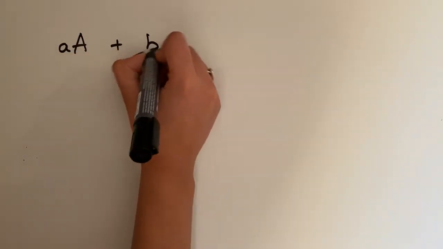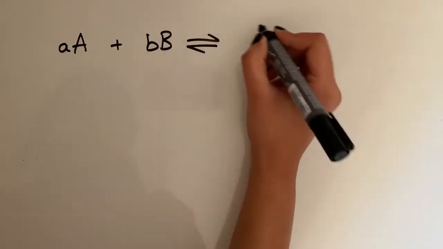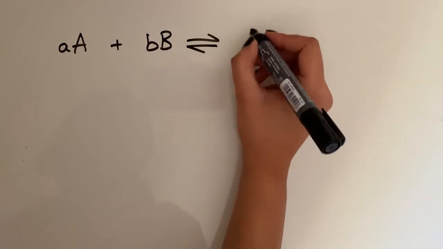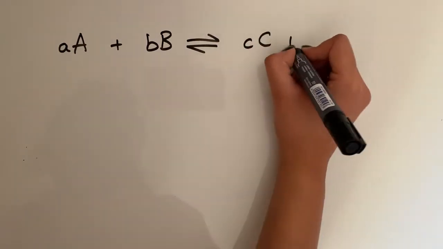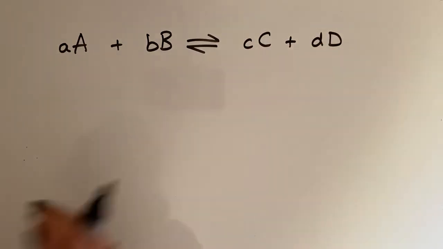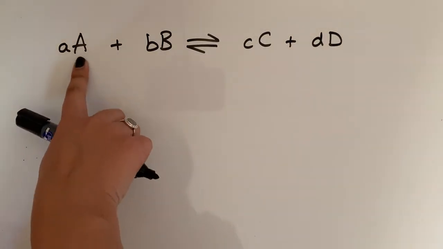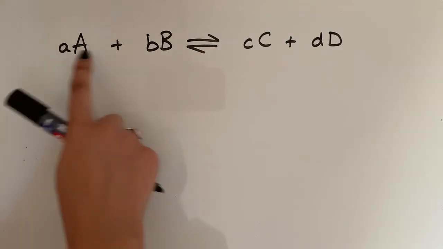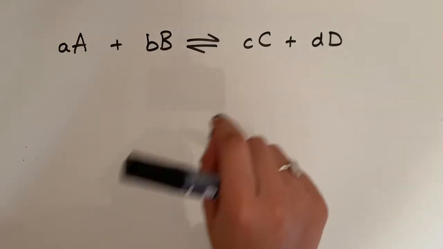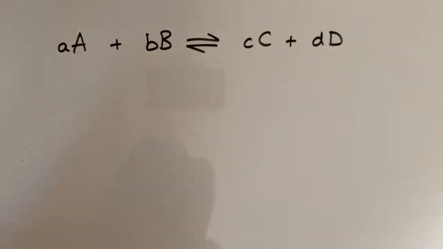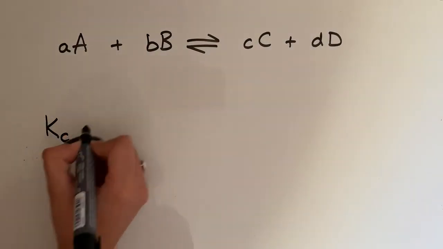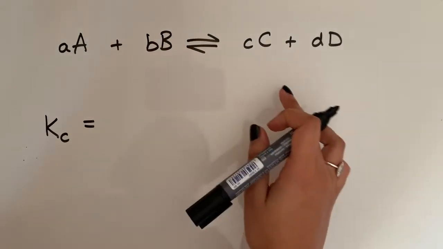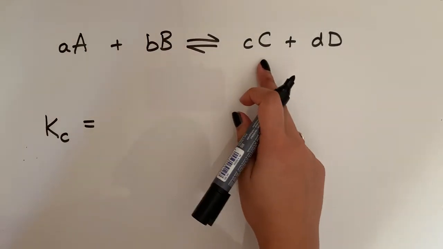The Kc expression can be written for anything that is in dynamic equilibrium. So essentially we've got reactants A and B forming products C and D. The lowercase letters are essentially the balancing numbers. You need to know that the Kc expression can be written for this equation and for any equation that's in equilibrium.